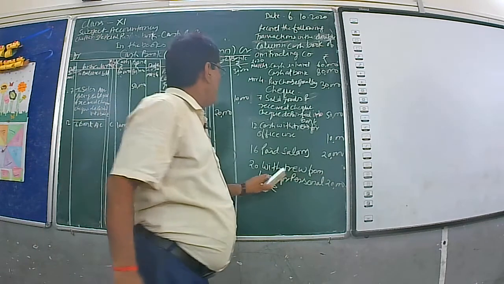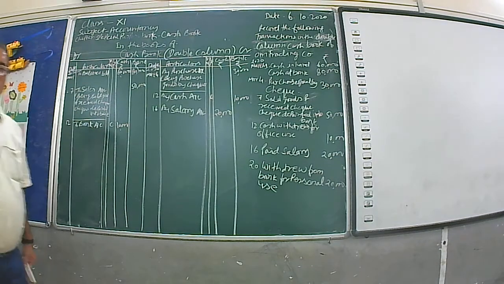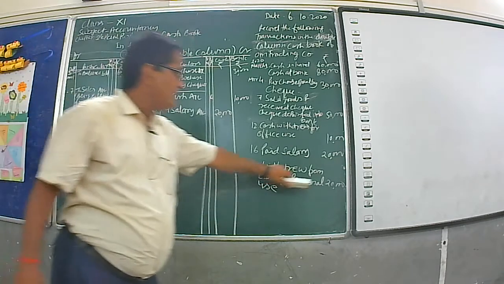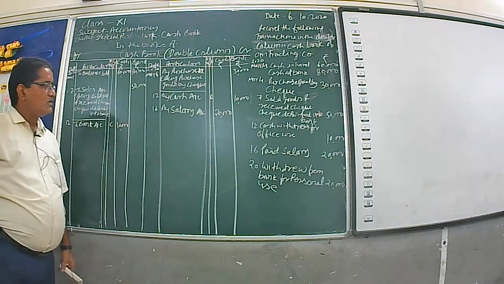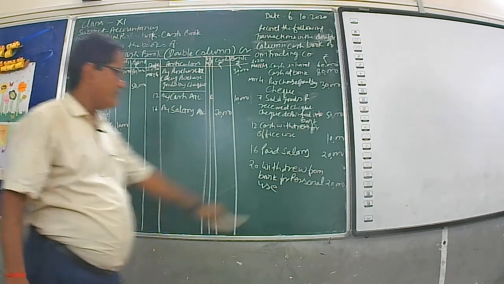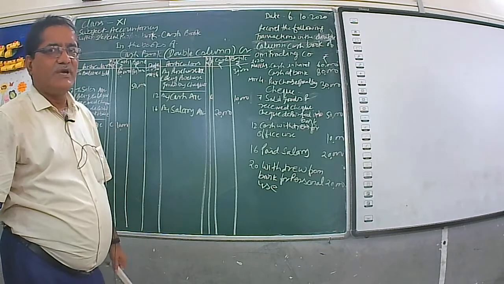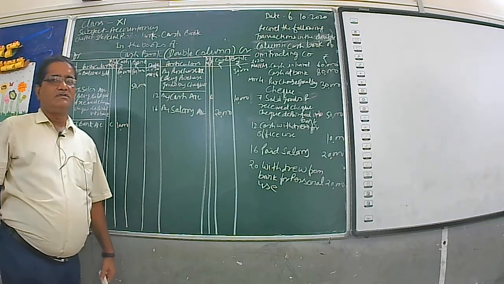Withdrew from bank for personal use, the journal entry will be drawings account debit to bank, because money is withdrawn from the bank for personal use. Personal use means drawings. That's why the journal entry will be drawings account debit to bank.